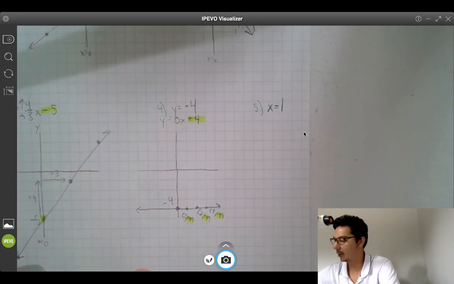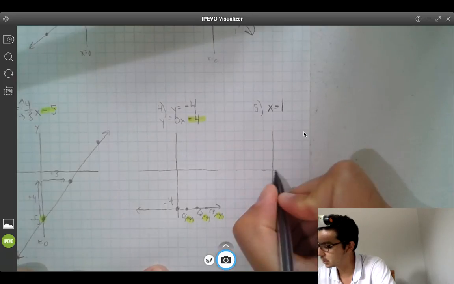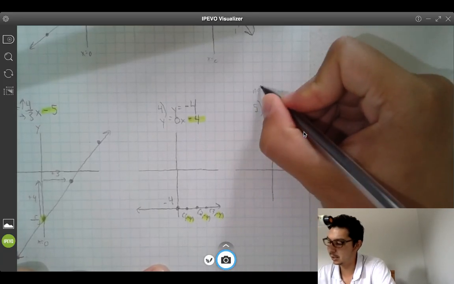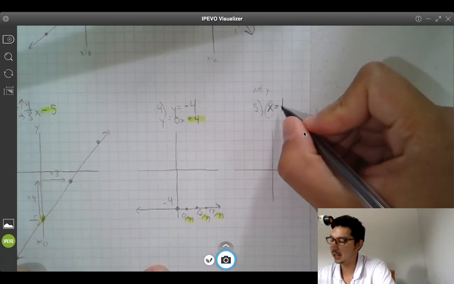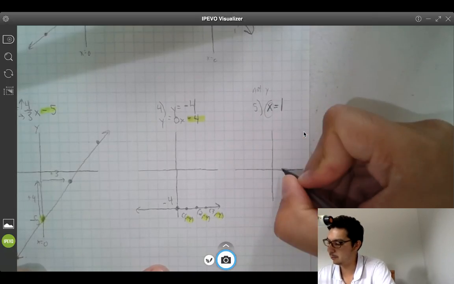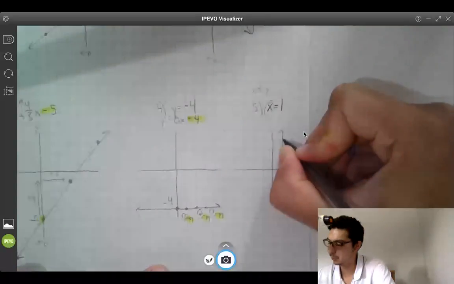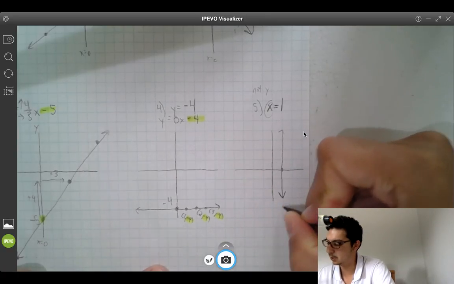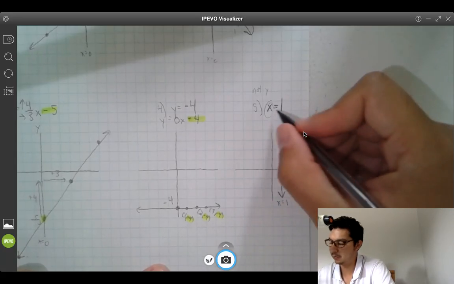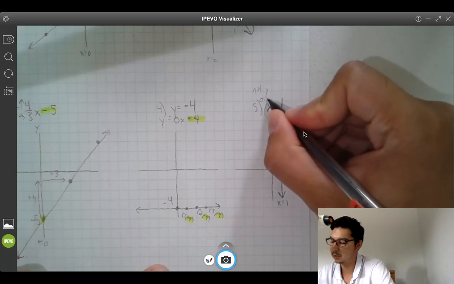And then on a similar kind of idea, now this one's the most difficult, is x equals 1. Notice that it's x and not y. So you're saying every x value is 1. Well, x is your left and right, right? So that means you've got to go right 1, and there's x equals 1, and x equals 1 actually makes a vertical line, like so. That's x equals 1. And the reason for that is because there's no y value, so that means that it's always x equals 1.